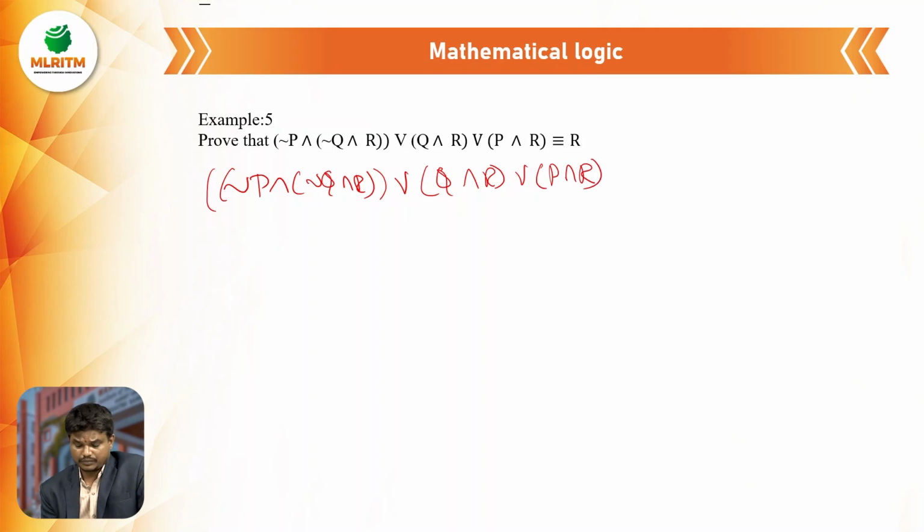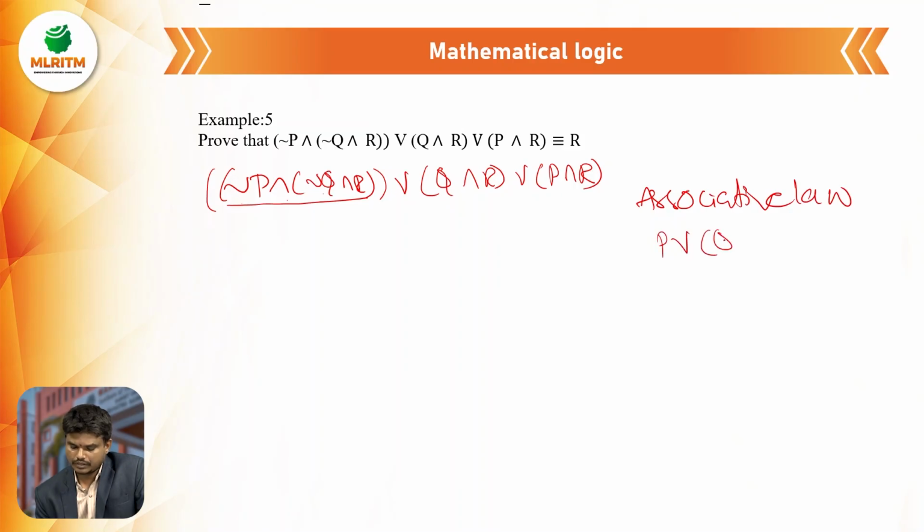So observe the given problem. Here, ¬P ∧ ¬Q ∧ R. Here it has the same symbol, so we can write this by using the associative law. What is the associative law?